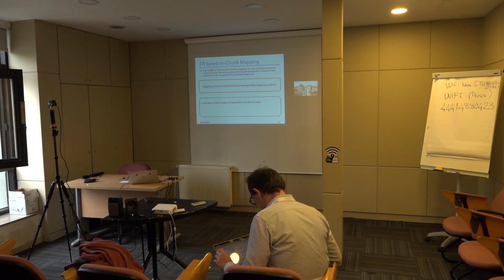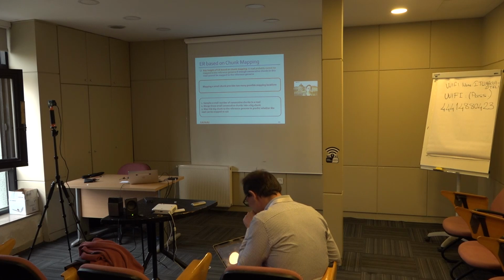So we map a small number of consecutive chunks in a read, and then we merge the small consecutive chunks into a big chunk, and then we map this big chunk to the reference genome to predict whether the read can be mapped or not.